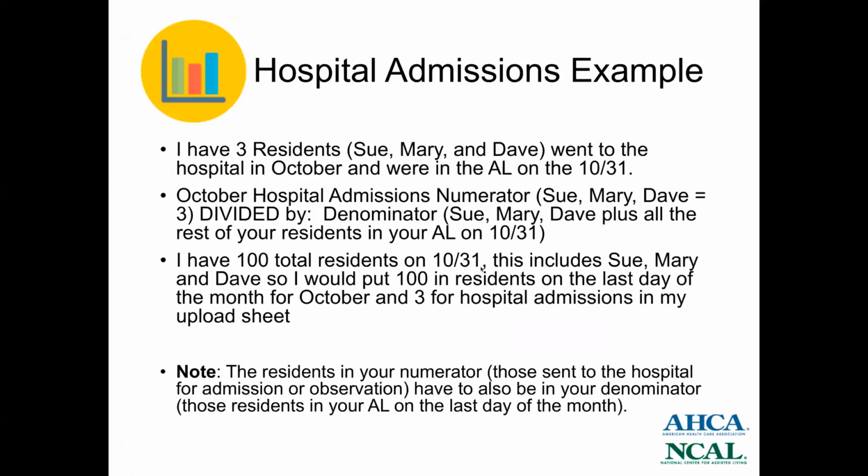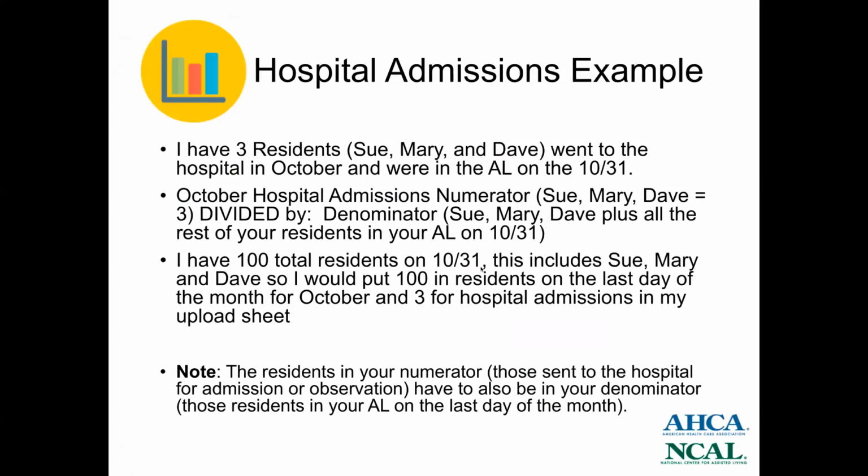October hospital admissions numerator would be Sue, Mary, Dave, which is 3, divided by the denominator, which is Sue, Mary, Dave, plus all the rest of your residents in your assisted living on 10/31. I have 100 total residents on 10/31, which includes Sue, Mary, and Dave. So I would put 100 residents in on the last day of the month for my October and 3 for the hospital admissions in my upload sheet.